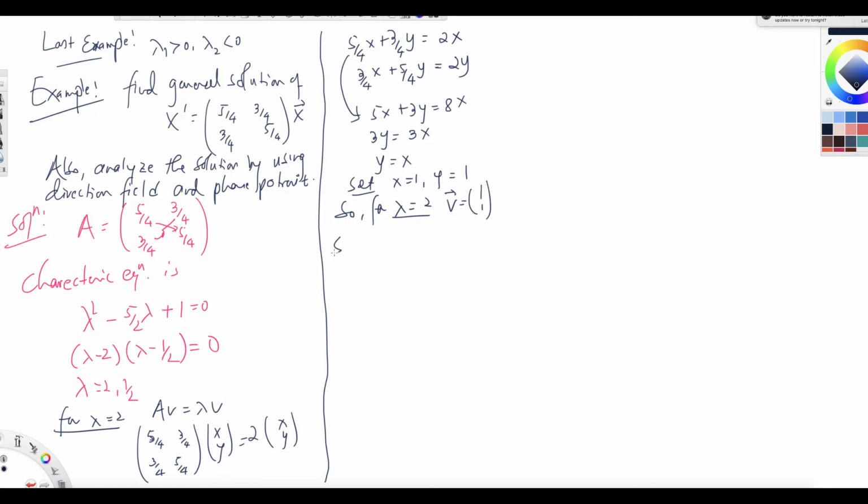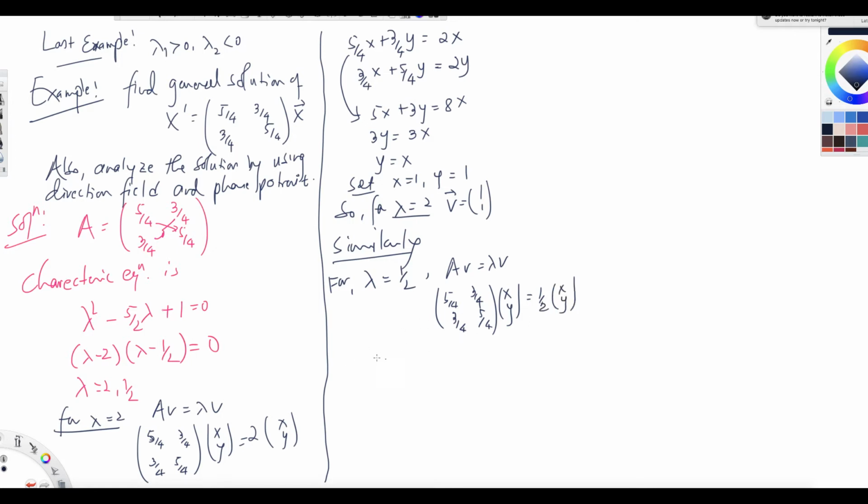Okay, guys. Similarly, lambda equals 1/2 implies what? For lambda equals 1/2, AV equals lambda V implies the matrix 5/4, 3/4, 3/4, 5/4 times V, let us say (x, y), equals 1/2 times (x, y).